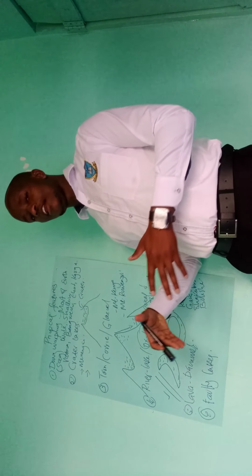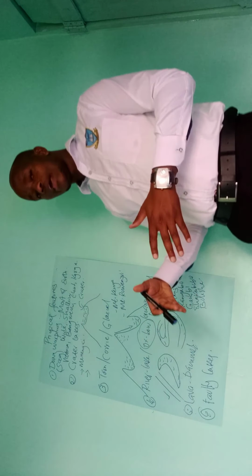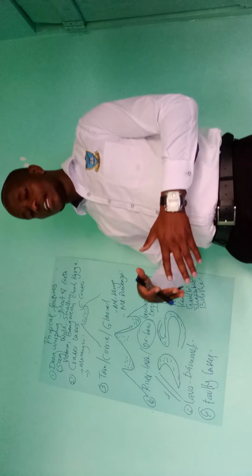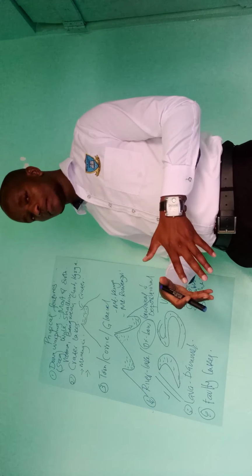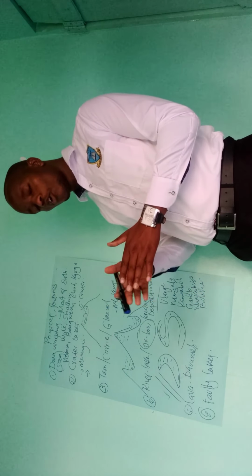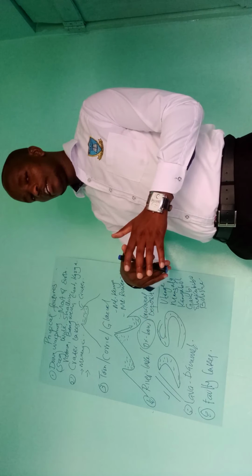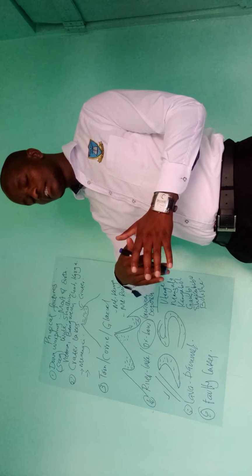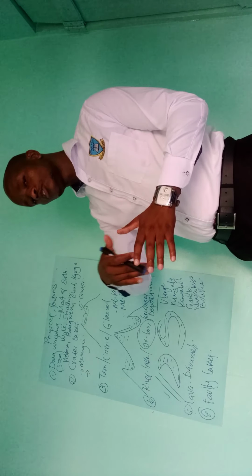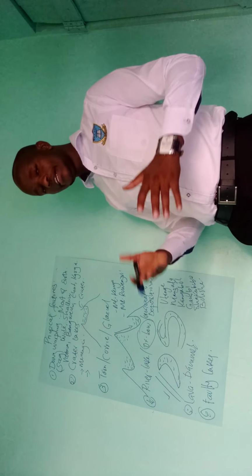This is a line of weakness whereby the Rift Valley has been formed. If a fault occurs on the path of a river, the water is going to drain into that fault, leading to the formation of a faulty lake.